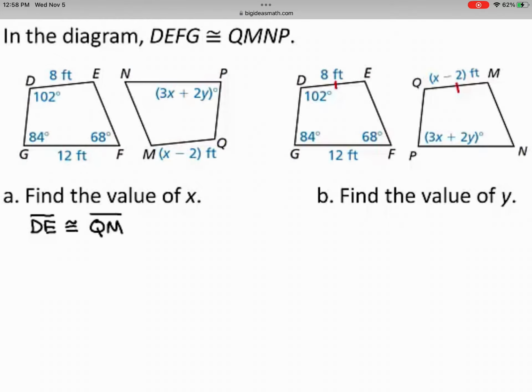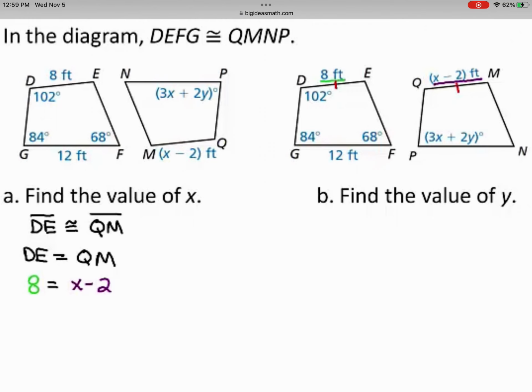So, by the definition of congruent sides, the length of side DE equals the length of side QM. From the diagram, you know that the length of side DE is 8 feet and the length of side QM is x minus 2 feet.